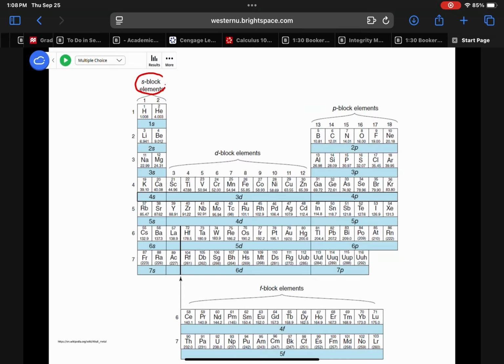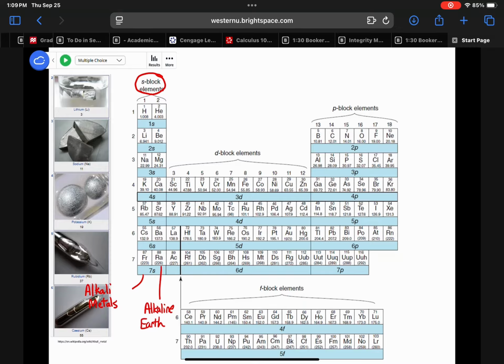So last class, we identified the S block. So our alkali metals and our alkaline earth metals. Now you do want to know the names of the groups on the periodic table.